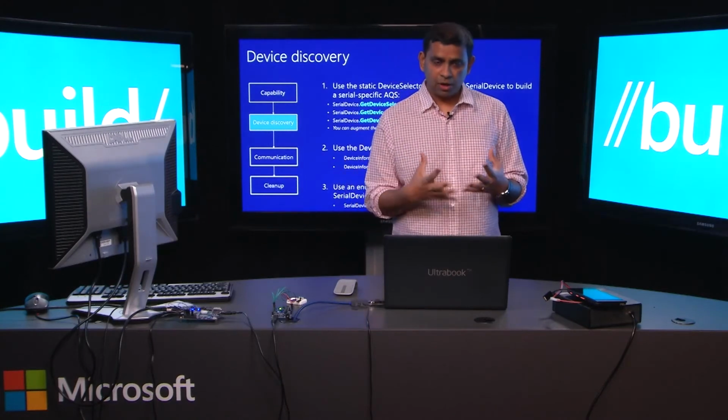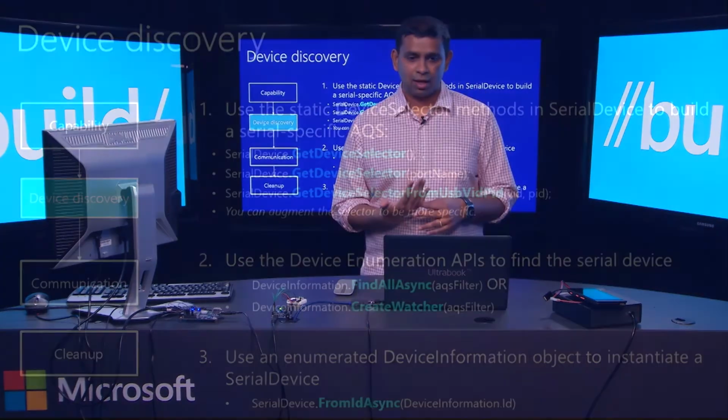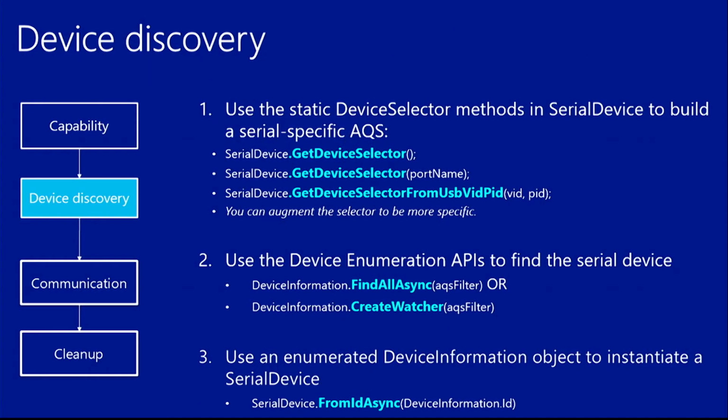So how do you go about actually discovering the device? The first thing we need is a selector. A selector is just a formatted string using a syntax which we call AQS, or Advanced Query Syntax. This is a pretty standard mechanism that we use for all device enumeration APIs within Windows.